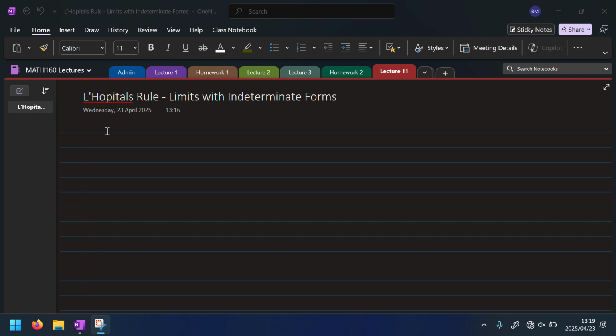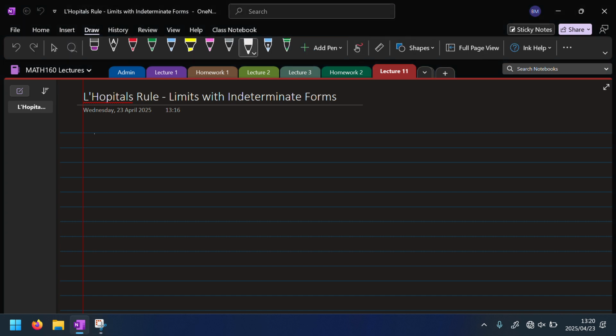So what is an indeterminate form? Okay, there's a few examples of what an indeterminate form is. Last time we saw that infinity over infinity was an indeterminate form, but there's others like that.